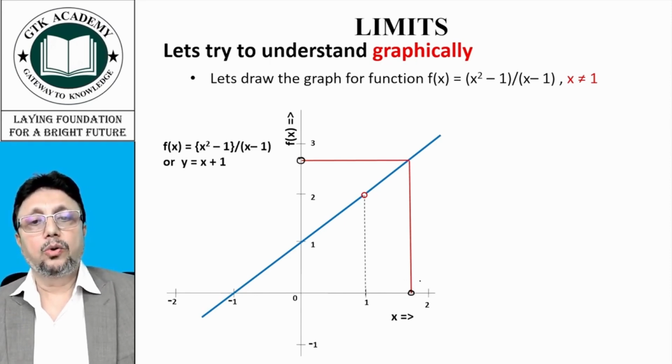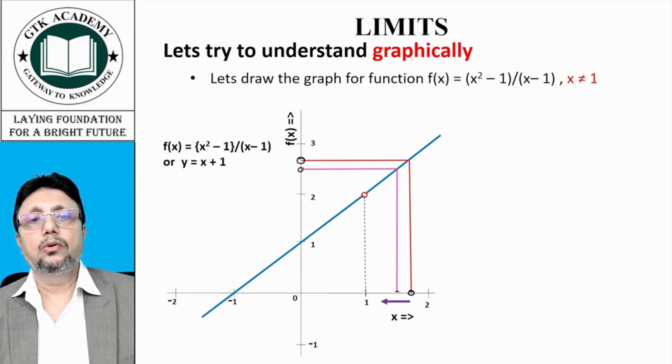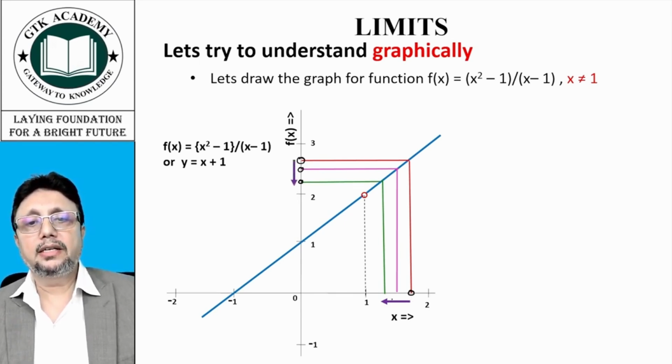Now come a bit closer to 1, take a value which is close to 1, then you will get again a value of f(x). Again come more close, you will get the value of f(x) as this. So as you start moving from right side towards 1, we see the value of f(x) is tending towards 2.